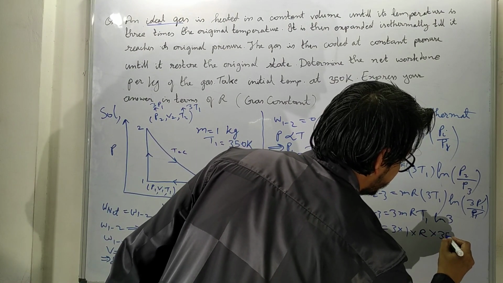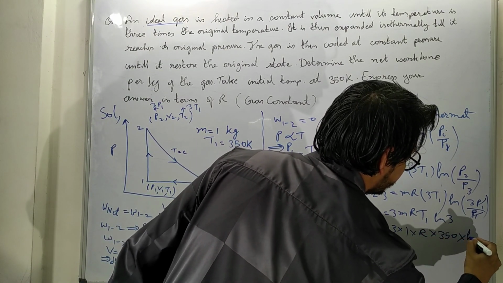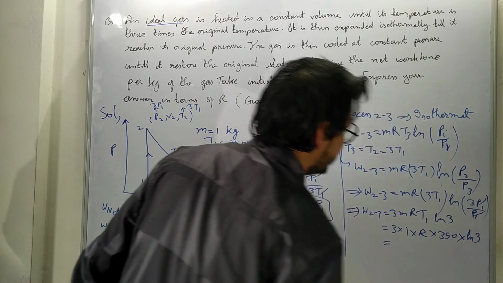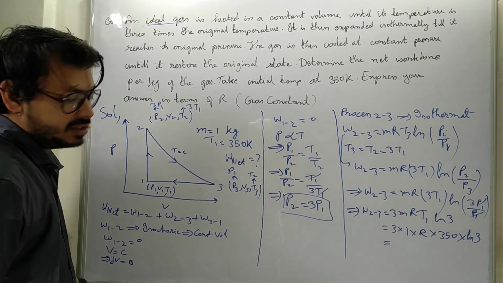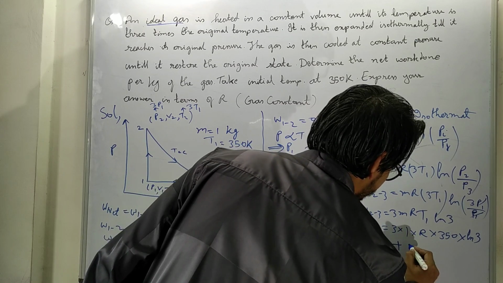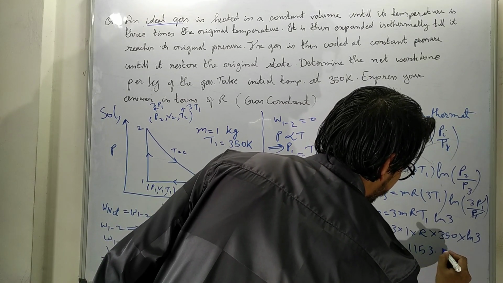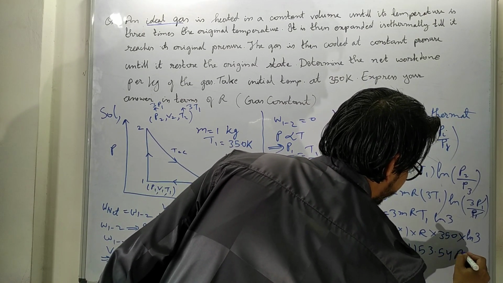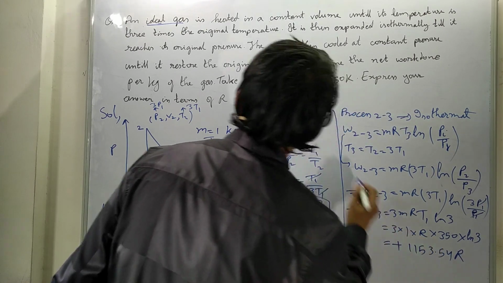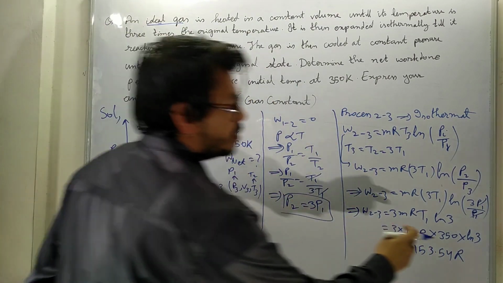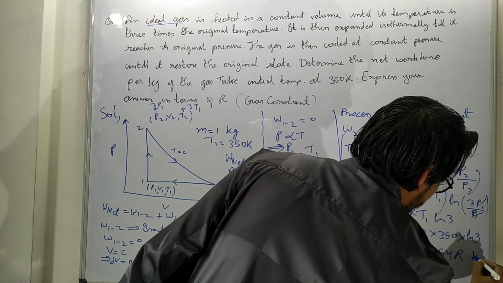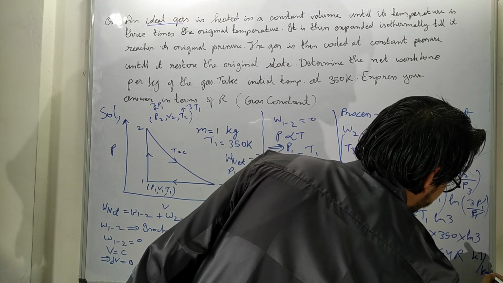So 3 into 350 Kelvin into ln 3. On solving we get the value as 1153.54 R, because we have to find the work done in terms of R. So it is in terms of R, kilojoule per kg.